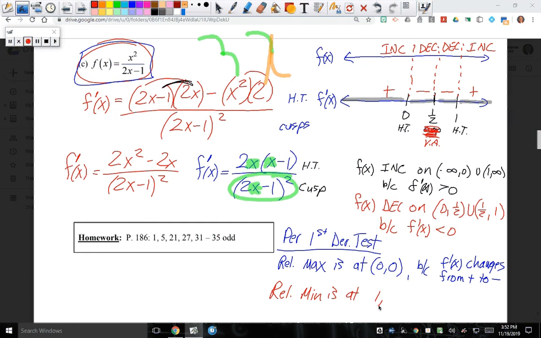At 1, because f prime of x changes from negative to positive. If I plugged in 1 into the original function, I would get 1 over what? 1. So 1, 1.